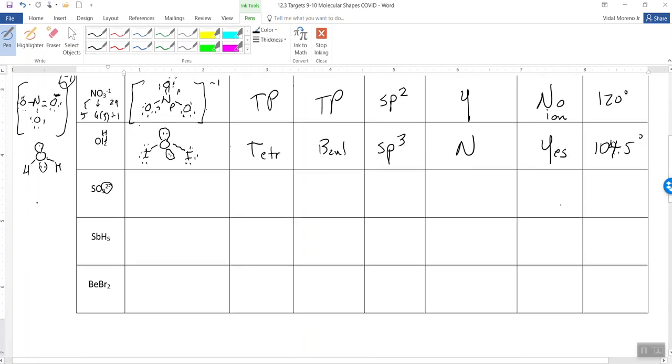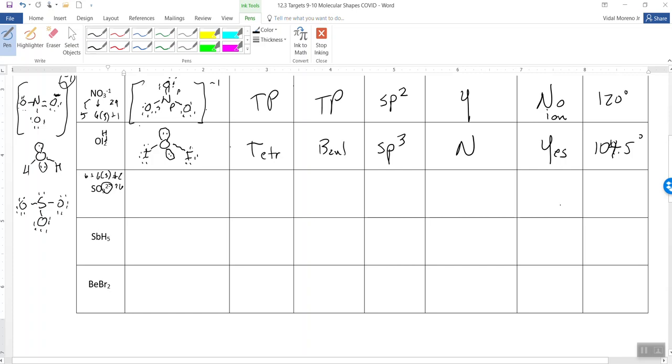Ion. 2, 4, 6. We have 6 and then 6 more oxygens. 6 times 3, 24, 20 plus 2 more is 26. So 2, 4, 6, 8, 10, 12, 14, 16, 18, 20, 24, 26.